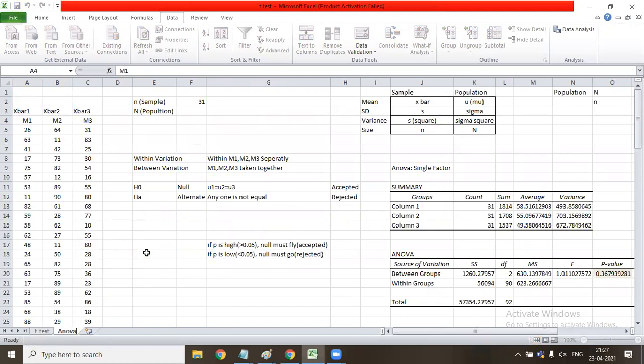Does anybody else have any doubt, or shall I jump to distributions? Sir, what is the practical implementation of this while doing modeling? The practical implementation is that with the help of samples, you have the capability to infer about the populations.